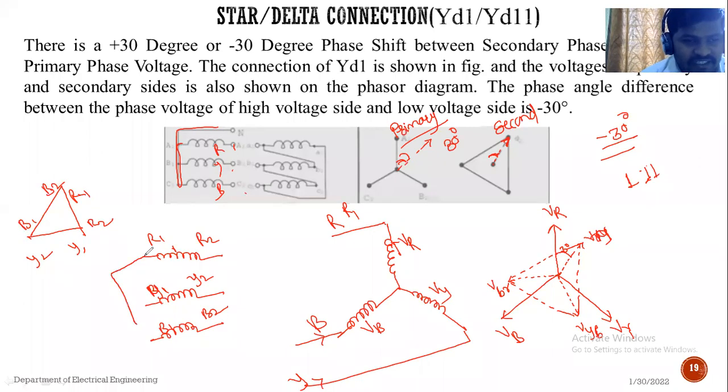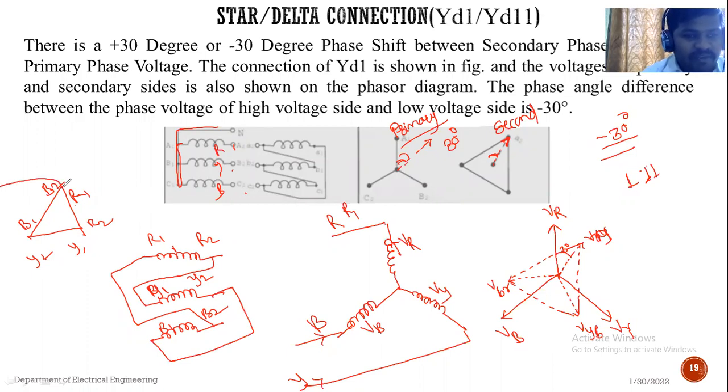This one is R1, here it is B2. R1, B2, then R2, Y1, so this connection will be like this. And then Y2, B1. So it is nothing but a star.